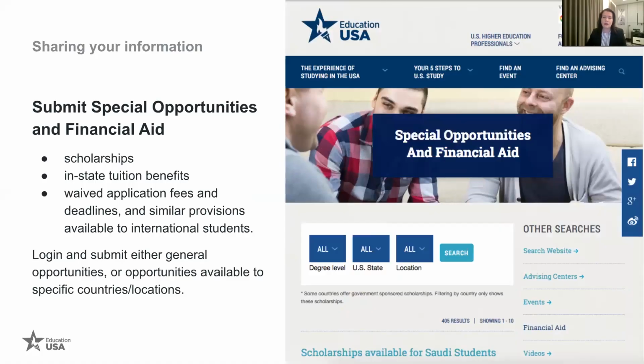The easiest way to market those opportunities is if you utilize our EducationUSA website or a portal where you can create your own login and publicize your financial aid opportunities. These vary from scholarships, in-state tuition benefits, any type of waivers that students can access, and we market these globally.